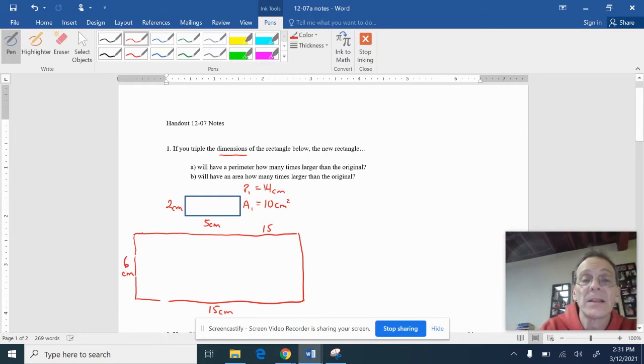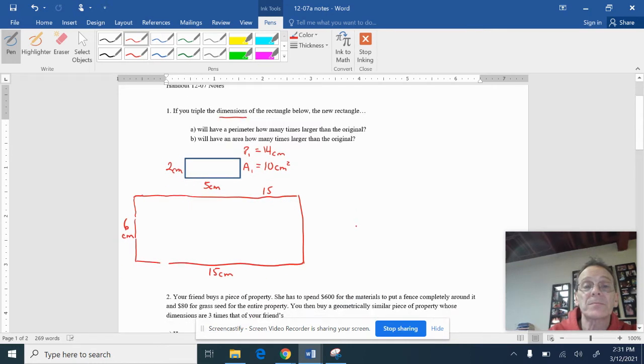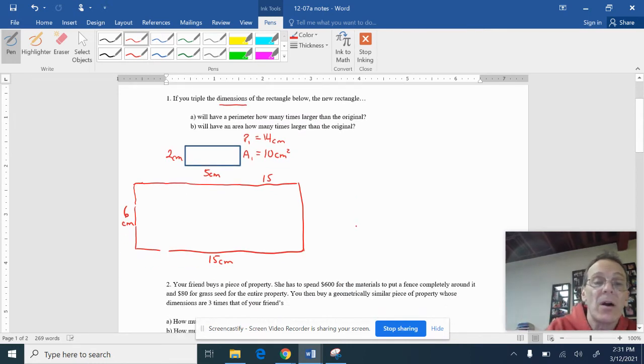All right, and let's figure out now what the new perimeter and the new area are. So perimeter of this second rectangle, 6 plus 15 is 21, plus another 21 going around the right and the top would be 42 centimeters. And the area of this second rectangle would be 6 times 15, which is 90 centimeters.